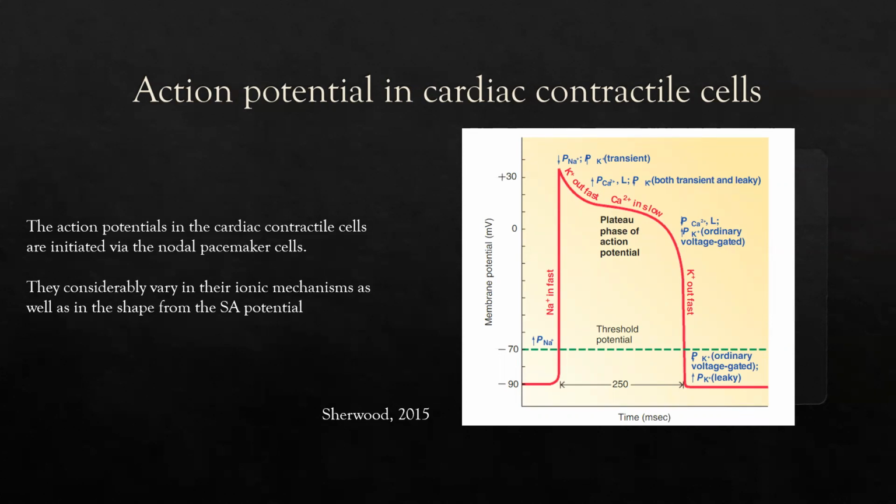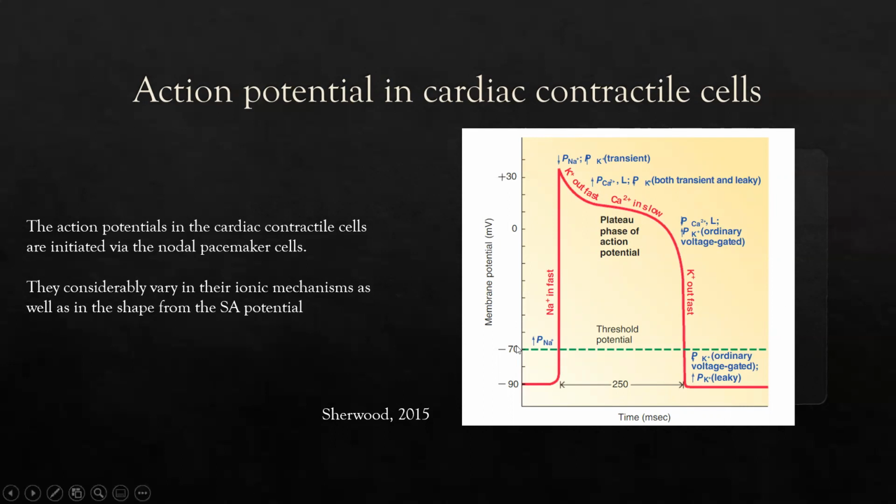Once the membrane of the ventricle myocardial contractile cells is depolarized to threshold via the current through gap junctions, an action potential is then generated, and changes in membrane permeability and potential follow. So this image that we have to our left is the membrane potential versus time, so we can see visually what is happening.